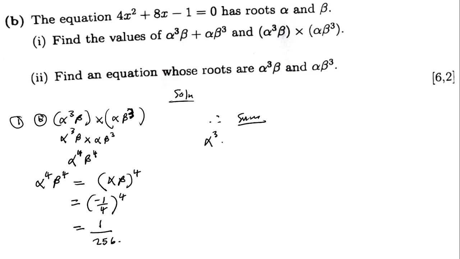is simply equal to what we found, which was negative 9/8, and the product, which is simply alpha cubed beta times alpha beta cubed, is simply equal to 1/256.